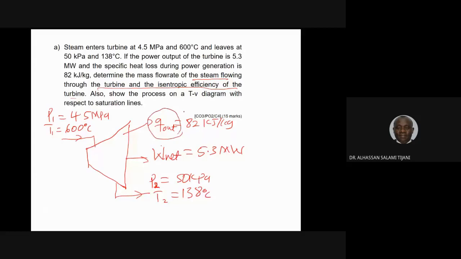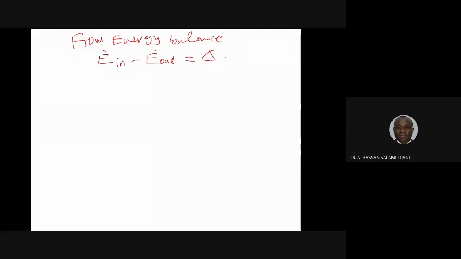From the energy balance, the total energy into the control volume system minus the total energy out of the control volume system should be equal to the change in energy of the system.